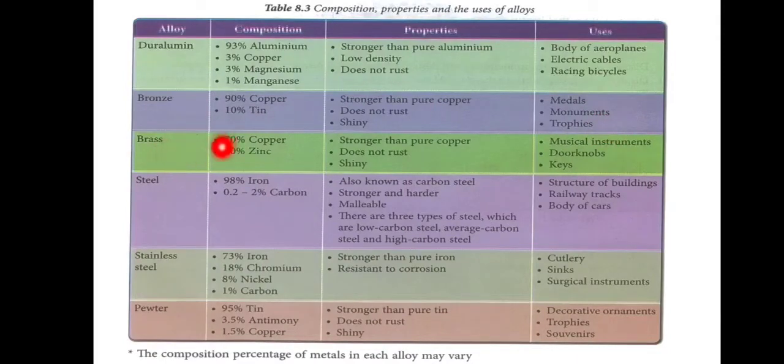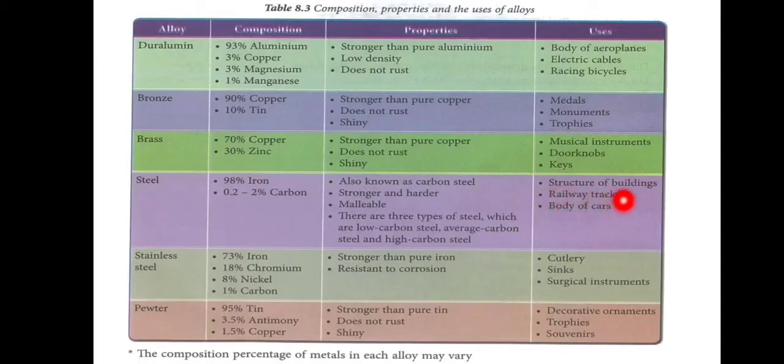Brass di sini 70% copper, 30% zinc. So stronger than pure copper, does not rust and shiny. This one is for musical instruments, doorknobs, keys, and so on. Steel, 98% iron, 0.2 to 2% carbon. So this is also known as carbon steel, stronger and harder, steel is malleable. There are three types of steel, which are low carbon steel, medium carbon steel and high carbon steel.